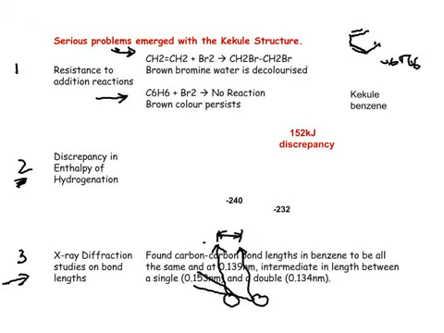Now, if Kekulé had been right, a carbon-carbon single bond is longer than a carbon-carbon double bond, and they should have found 2 different carbon-carbon bond lengths. They didn't. They found only 1 carbon-carbon bond length, and in fact it was found to be intermediate in length between the carbon-carbon single and the carbon-carbon double, a bit like this in other words. We could represent it as somewhere between a double and a single.